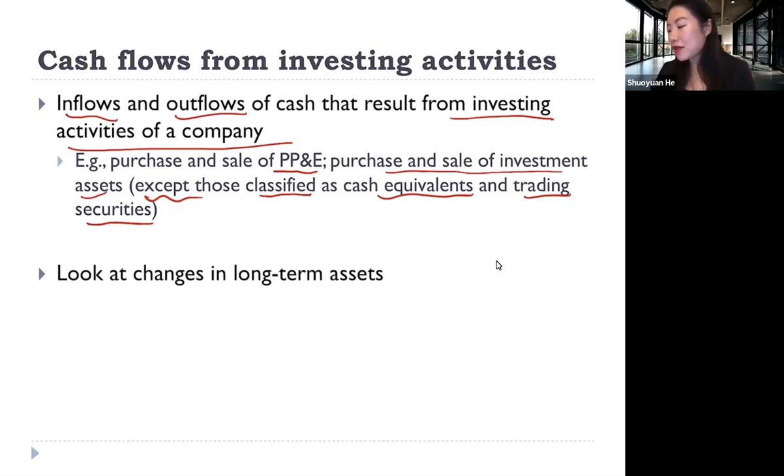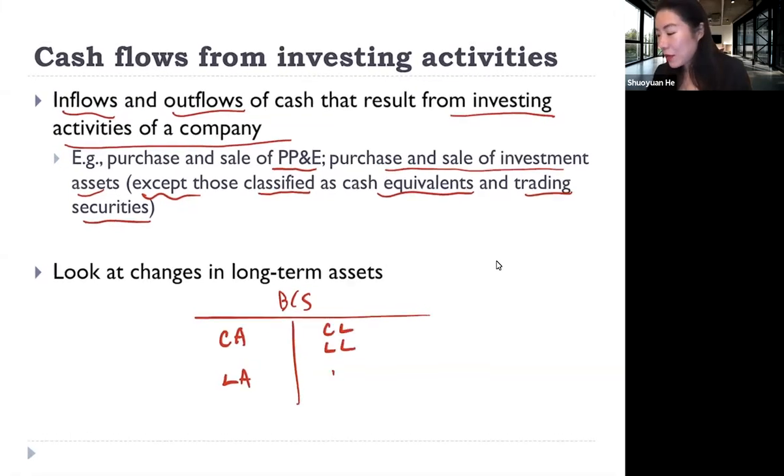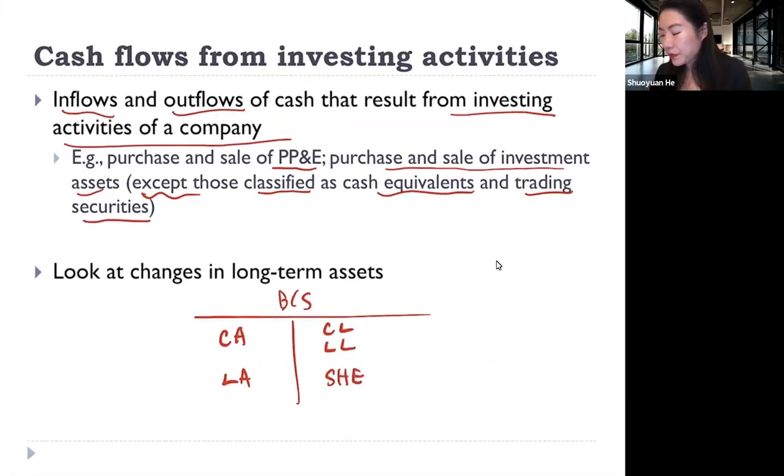Look at change in long-term assets. So a rule of thumb here: we have a balance sheet. The left-hand side of the balance sheet is assets. And within assets, we have current assets and long-term assets. The right-hand side of the balance sheet is liabilities and shareholders' equity. Within liabilities, we have current liabilities and long-term liabilities. And then we have shareholders' equity.